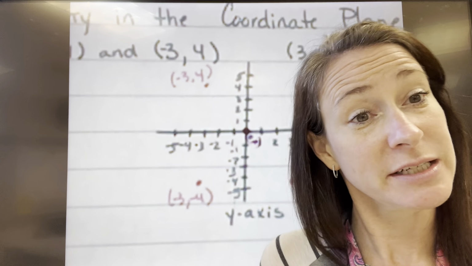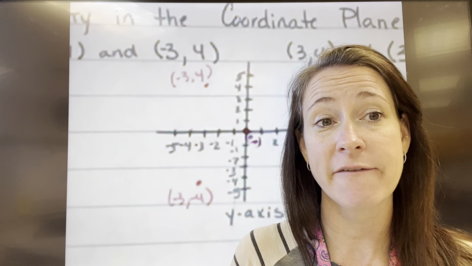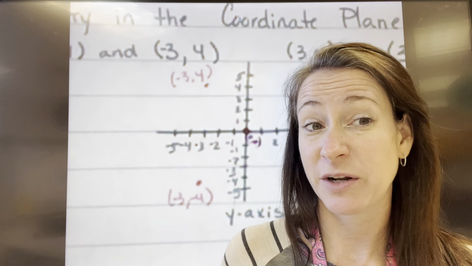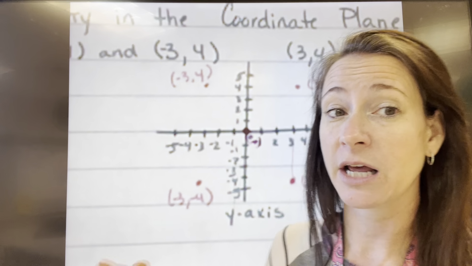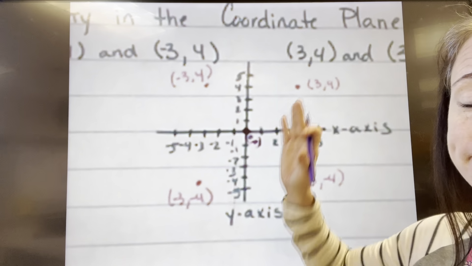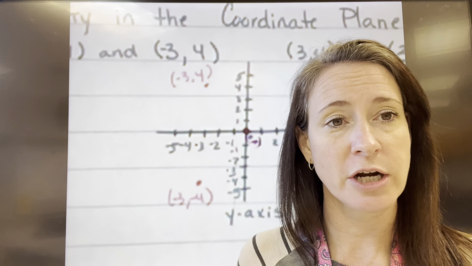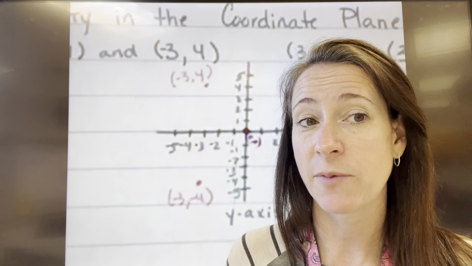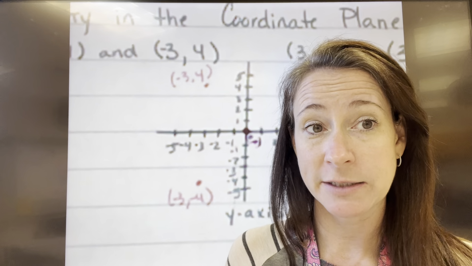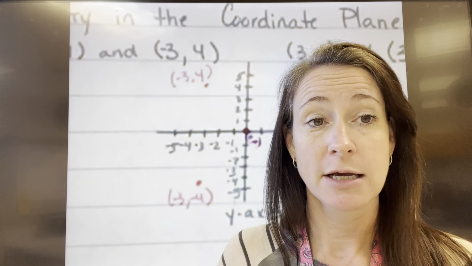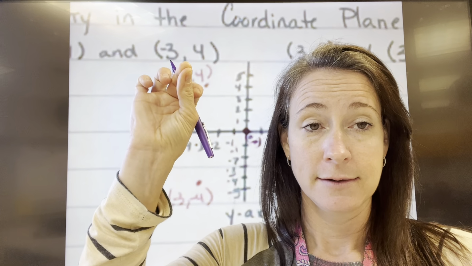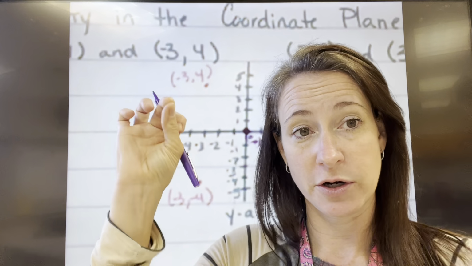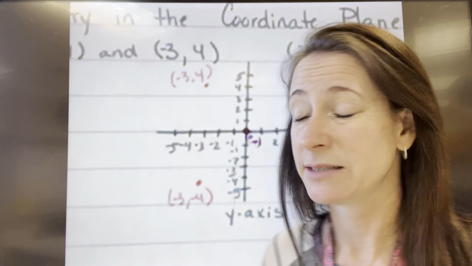So it's just something to recognize, okay? You can have the same digits, but if they're opposite of each other, they're going to end up in different quadrants. But if you are trying to create symmetry, like using a coordinate plane or graph paper to make symmetry, you can plot points that are opposites of each other to create that symmetry, which is kind of neat.